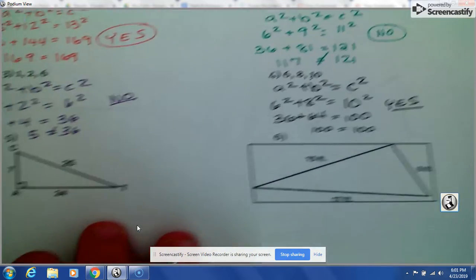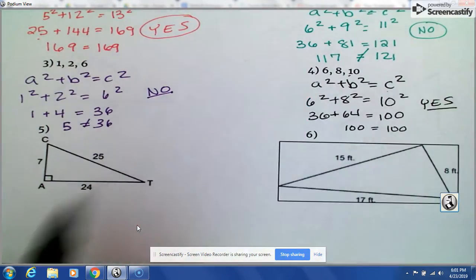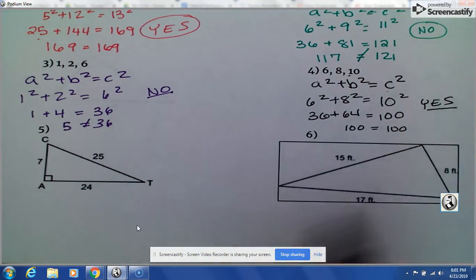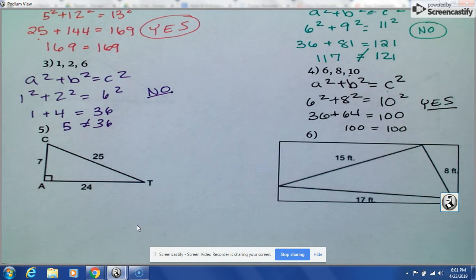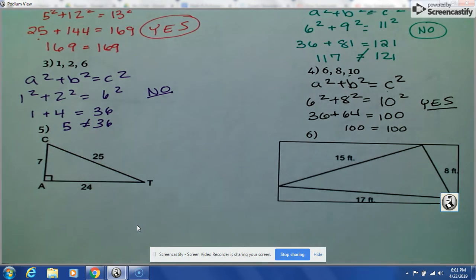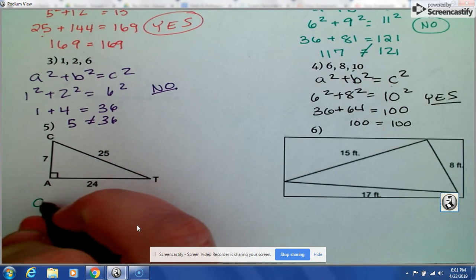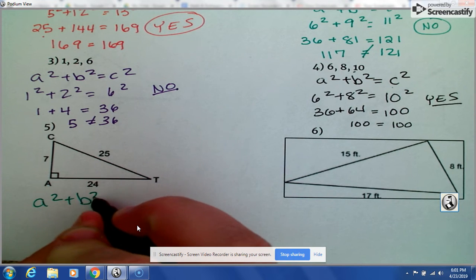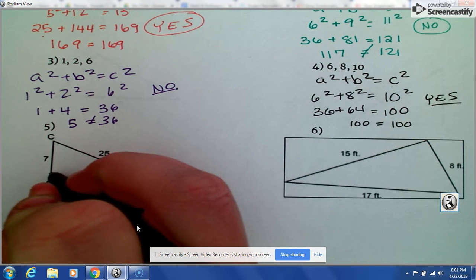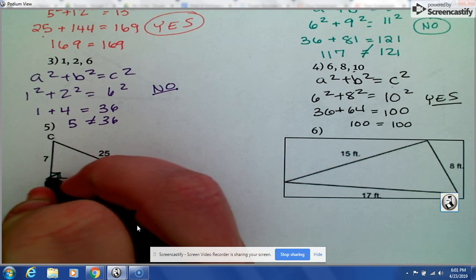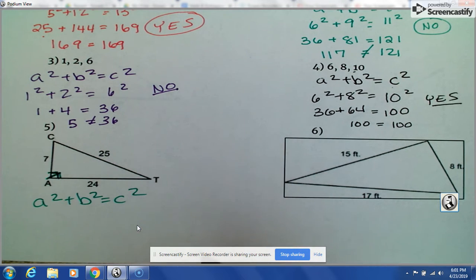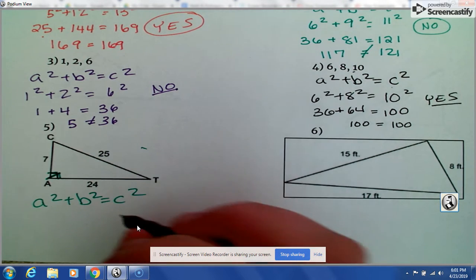Okay. But they don't always give you the lengths. Sometimes they actually draw triangles out, so you have to figure it out that way. And that's simple. Still write your formula down. A squared plus b squared equals c squared. We've got our little box there forming an arrow if you draw it to your c. But you also know that's c because it's the longest side.